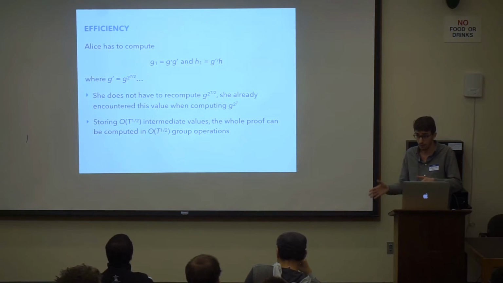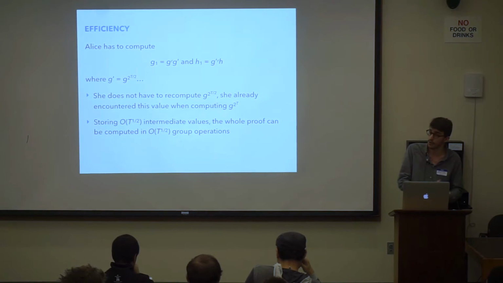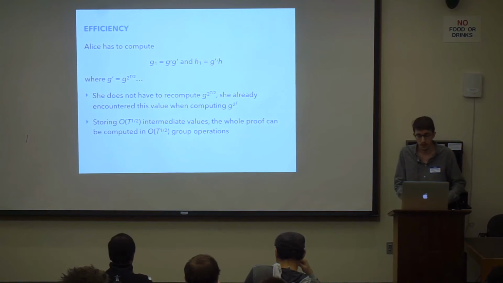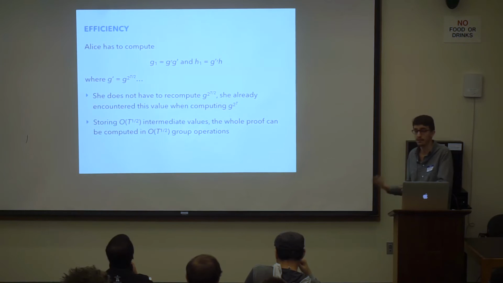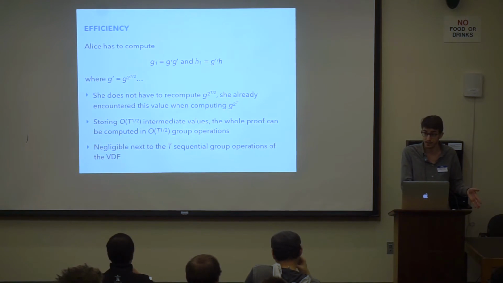With recursive things, you have to store a bunch of values, and essentially in the end you can see that by storing square root of t intermediate values, the whole proof can be computed in square root of t group operations. Square root of t group operations is totally negligible next to the big O of t cost of computing the VDF. So the proof comes almost for free.